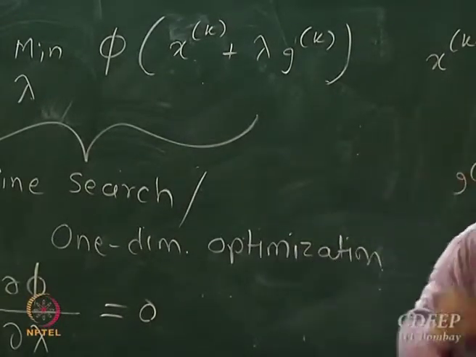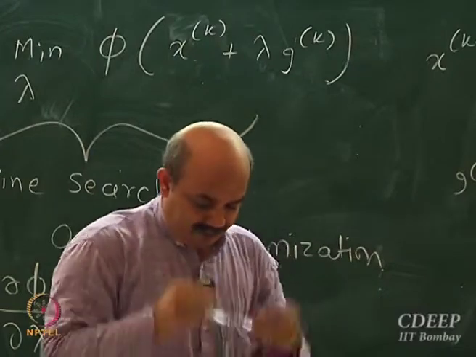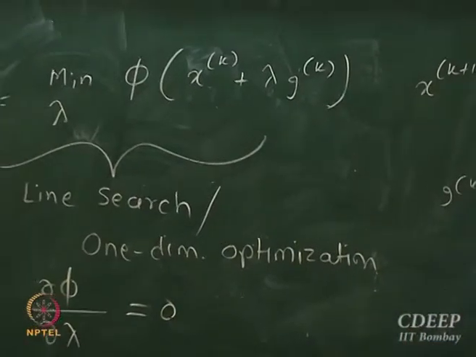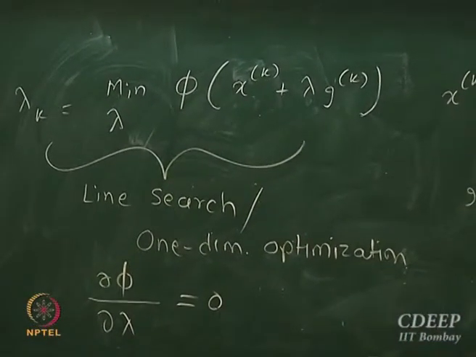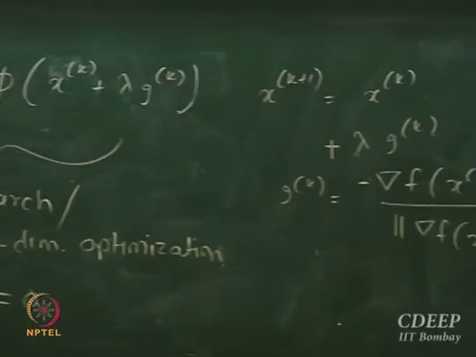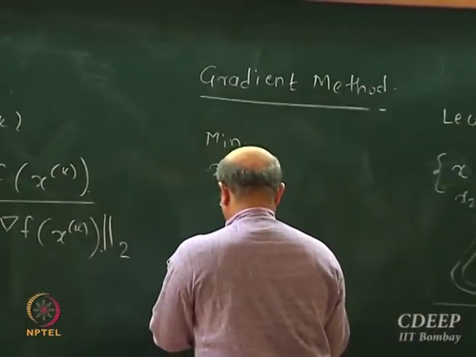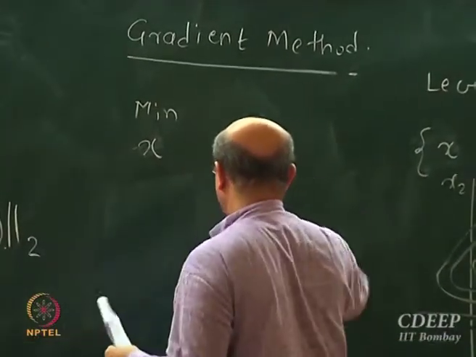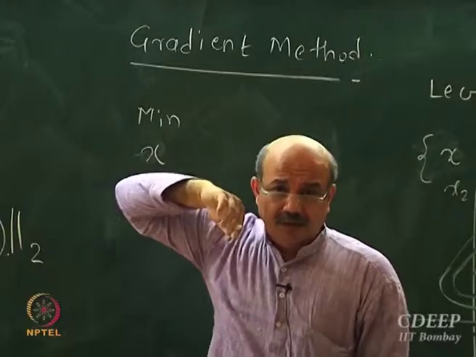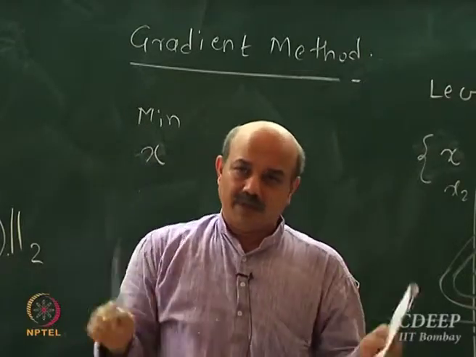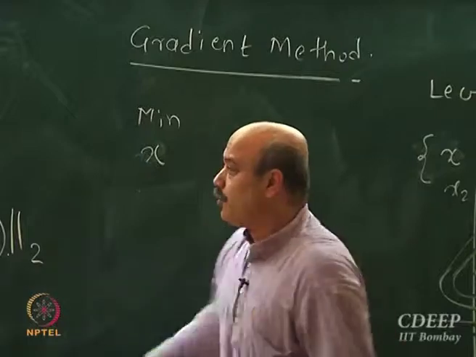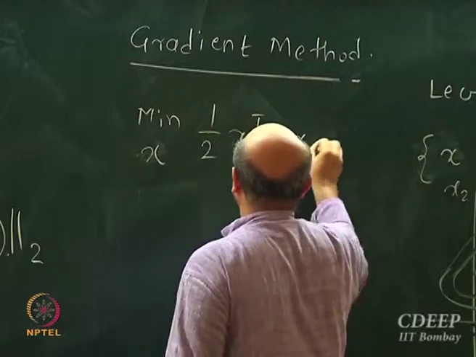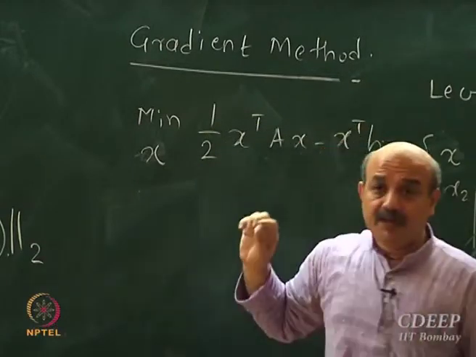Now let's see its application in solving Ax equal to b. So my phi of x here is, just for the sake of writing simplicity, half x transpose Ax minus x transpose b.